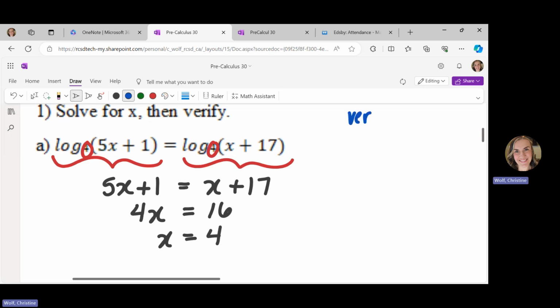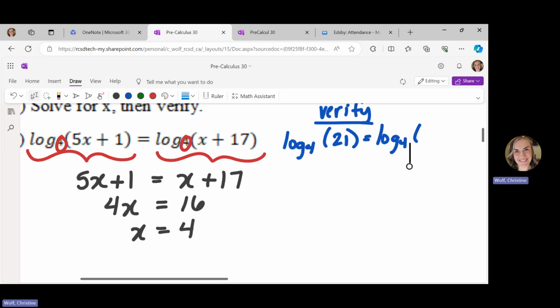This is free marks on your test next week. All you have to do to verify is go log base 4 and plug in the x you found into that expression. So it'll now be 5 times 4, plus 1, which becomes 21. Then log base 4 on the other side, x plus 17, so 4 plus 17 is also 21.